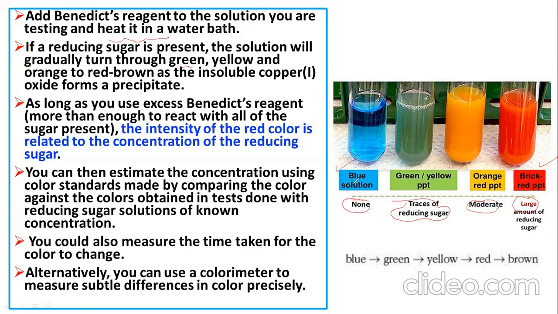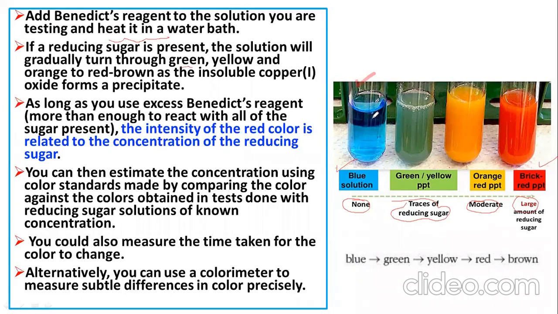Let's suppose in my hands I have one solution of glucose, another solution of sucrose. Into both I put Benedict reagent. So what will happen? The sucrose will remain what? Blue, because sucrose is not a reducing sugar.